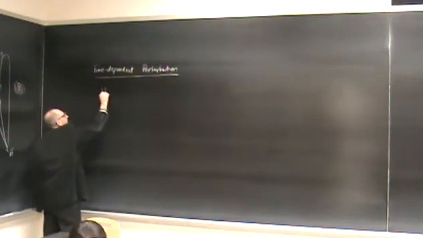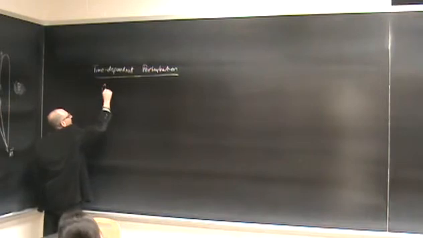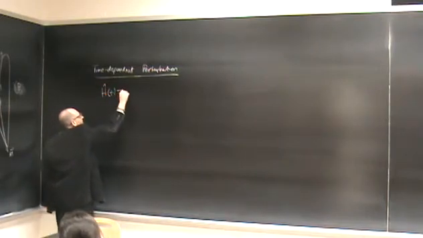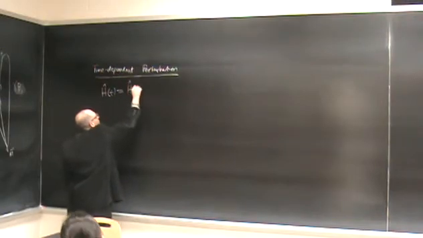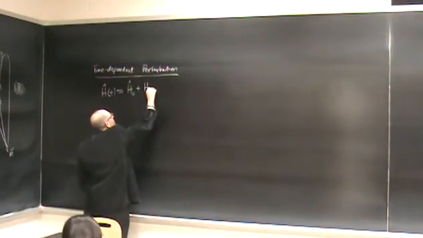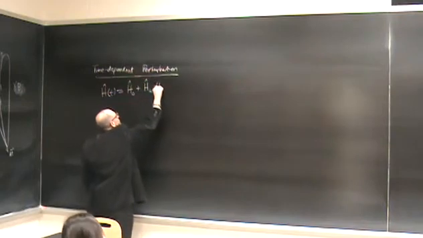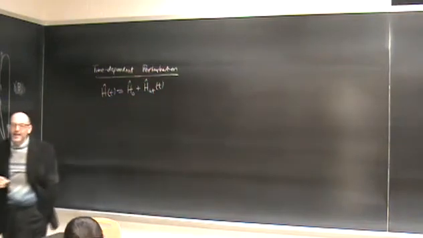But typically, instead of calling it H1, we would say, okay, I have my total Hamiltonian, which is a function of time, and we have the zeroth order Hamiltonian, and then we'll call this other thing the interaction Hamiltonian. That's usually the language we use when we're talking about this.